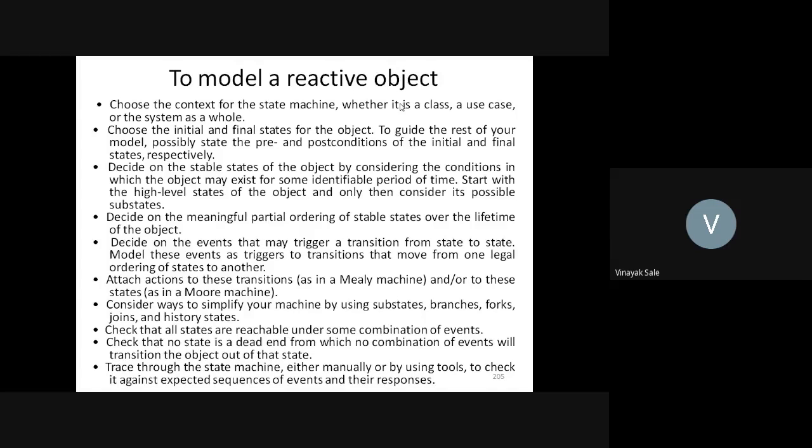Decide on the events that may trigger a transition from state to state. Model these events as triggers to transitions that move from one legal ordering of states to another. Attach actions to these transitions and/or these states. Consider the ways to simplify your machine by using substates, branches, forks, joins, and history states.